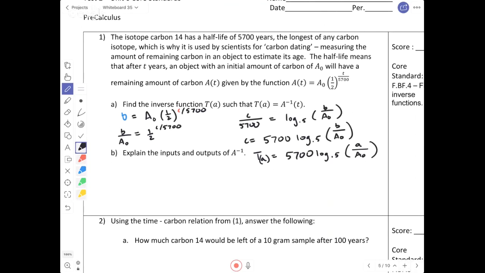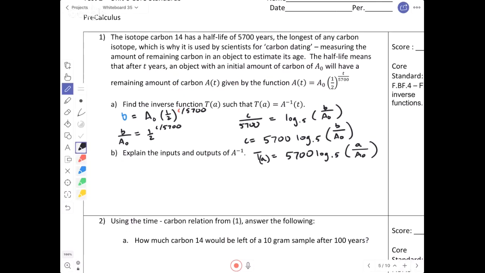Okay, so if this is the inverse function, then the inputs have become outputs and the outputs have become inputs. So the inputs originally were time in years, and the outputs were the remaining amount of carbon.